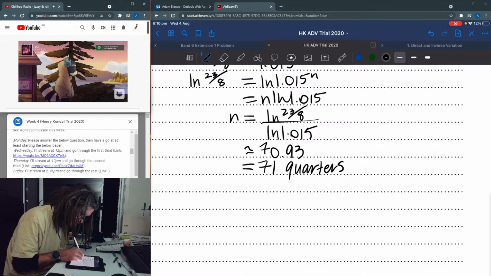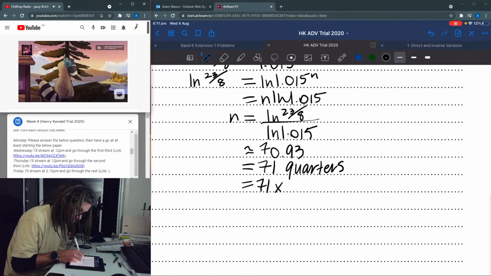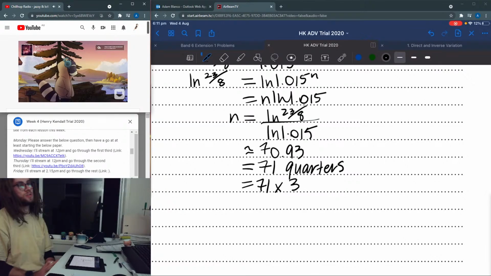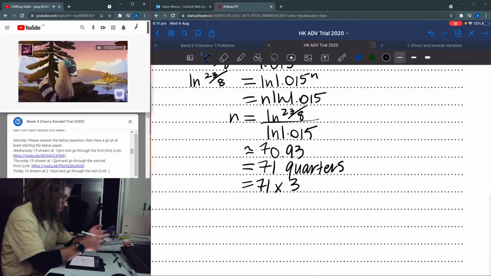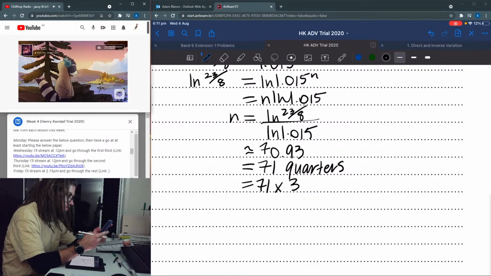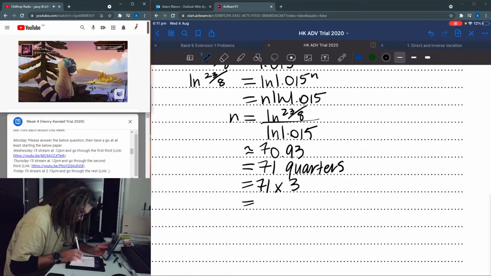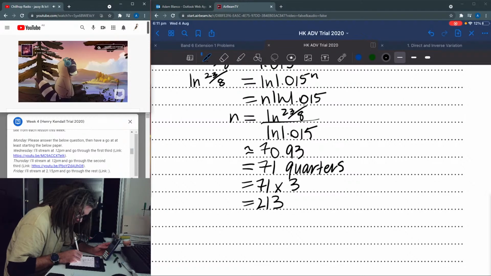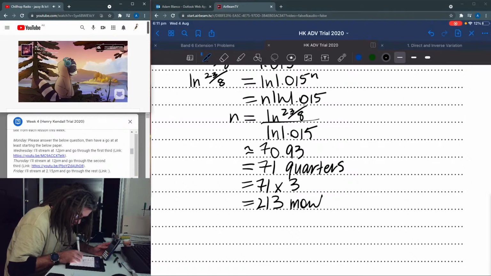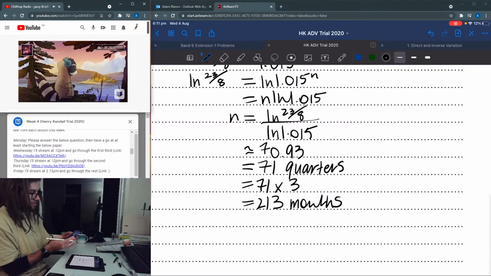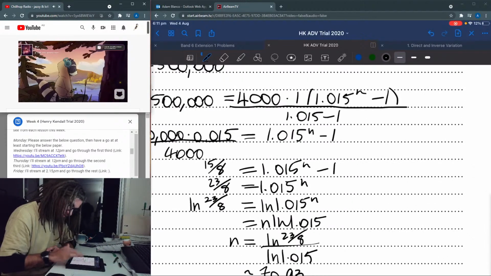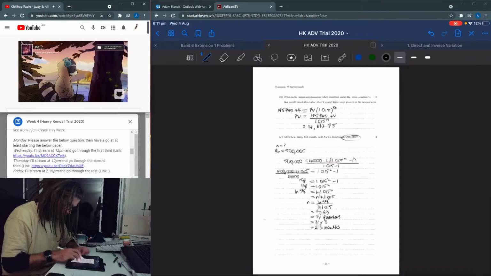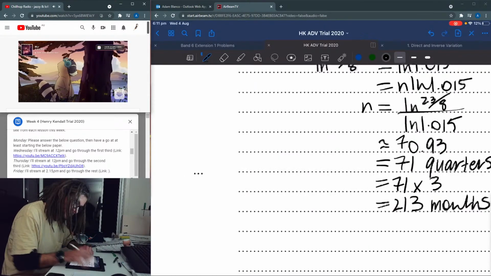So really I need to go 71 times, how many months are in a quarter? 3. 71 times 3. 213. So 213 months. Oh, that's a doozy. That should be worth way more than 2 marks. That's a stitch-up question. Well, now these 3 dots are triggering.